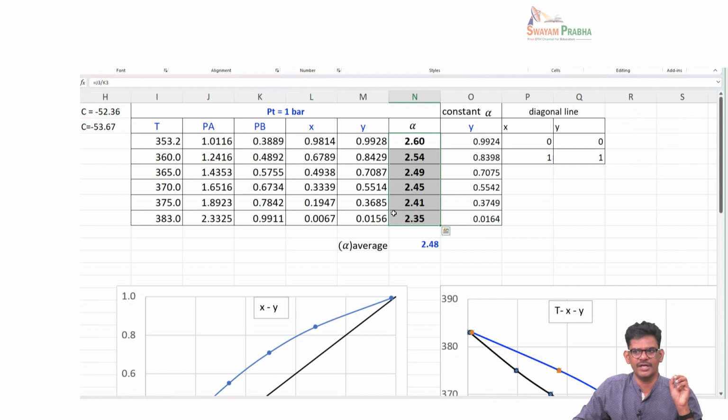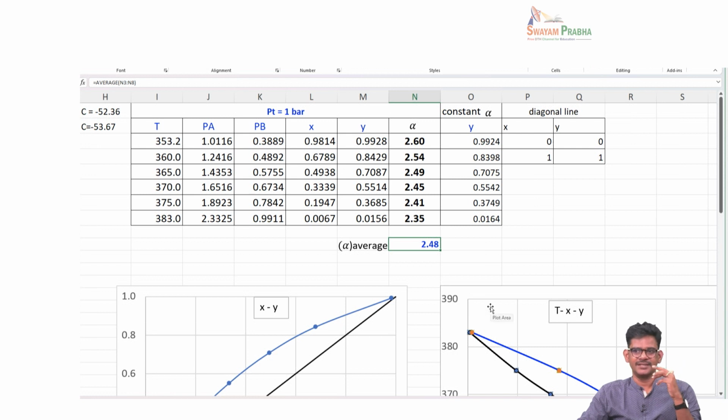Okay, so what we can do is take an average value of alpha, and say that relative volatility is constant. You can make that assumption because it is a very slowly varying quantity. So here I have found an average value of alpha. So we are talking about two assumptions. We have a binary mixture which follows Raoult's law, and the relative volatility can be assumed to be constant.